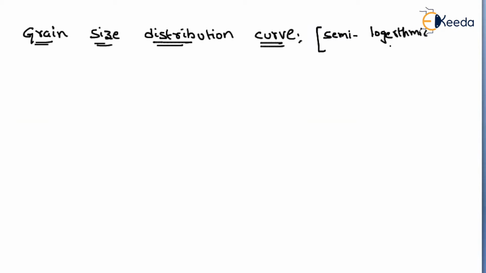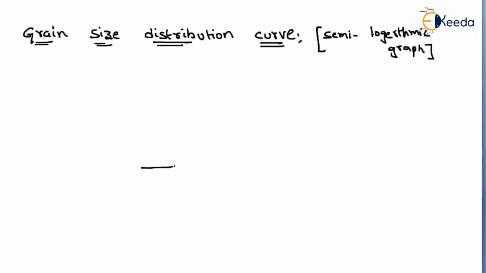Semi-logarithmic graph. That means on one side we will take the log values, and on the other side we will take the exact values. On the x-axis we will take the log of the particle size.